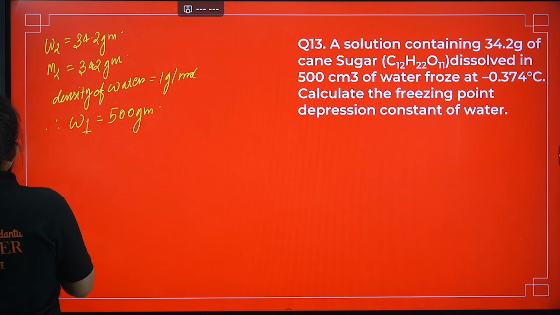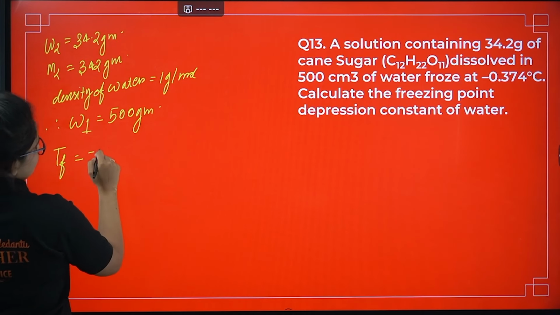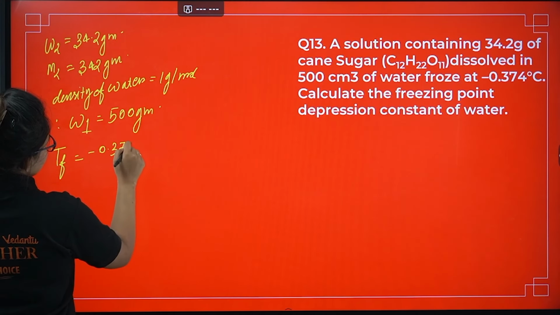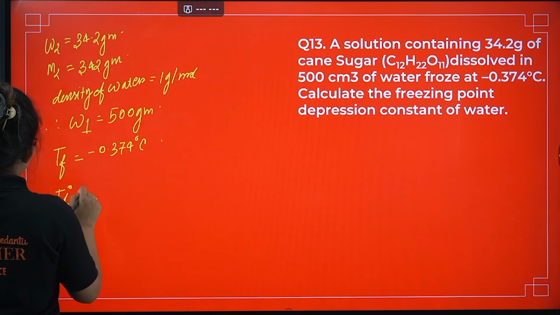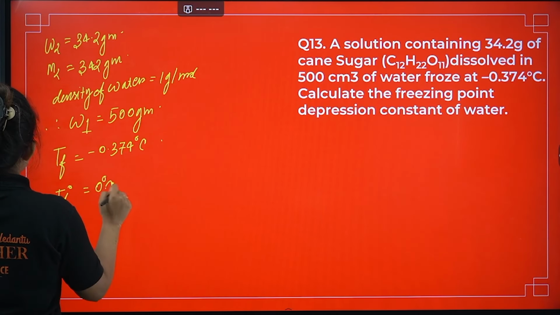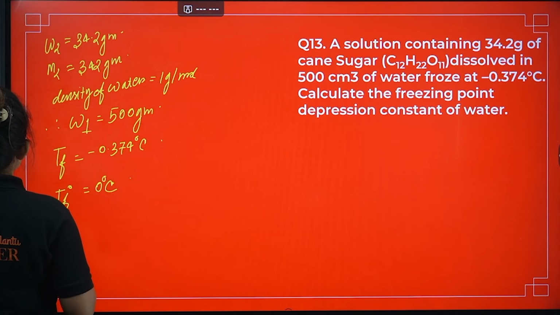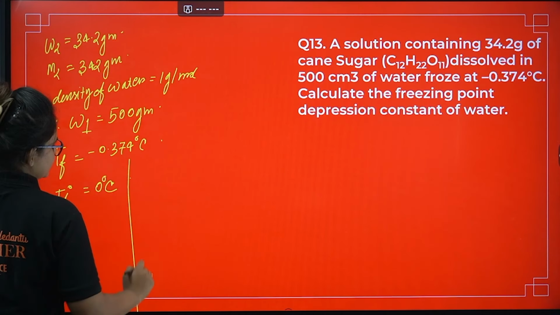Now freezing point Tf of the solution is also given, that is minus 0.374 degrees Celsius. Now Tf naught we already know for water, that is 0 degrees Celsius.